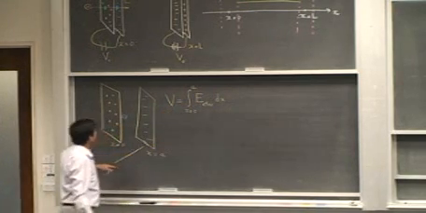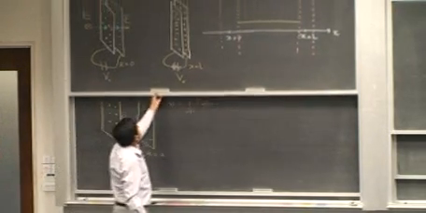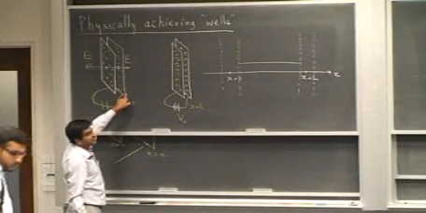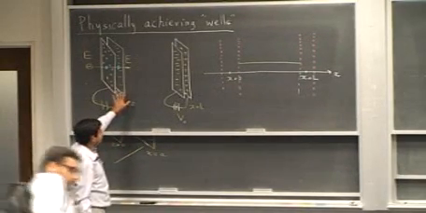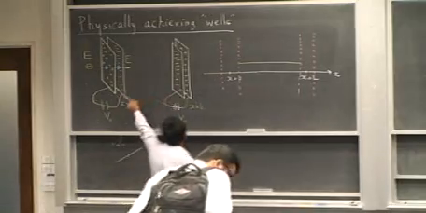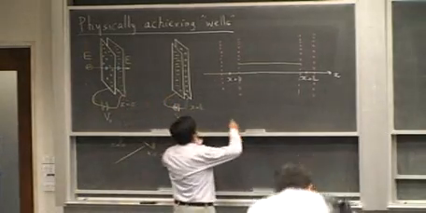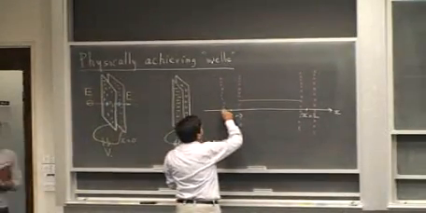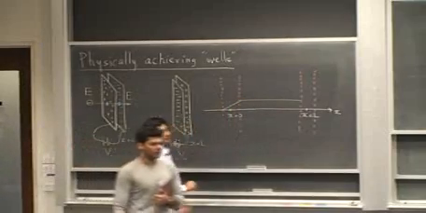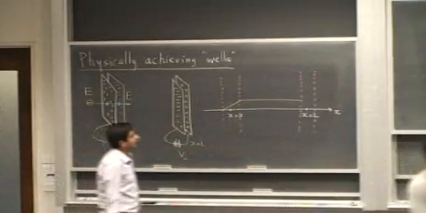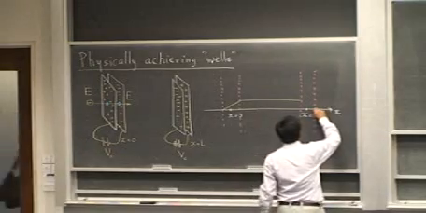In other words, for the negative plate, the potential is higher with respect to the electron, and for the positive plate, the potential energy is lower. So you get a curve like this, and here you get a curve like this.